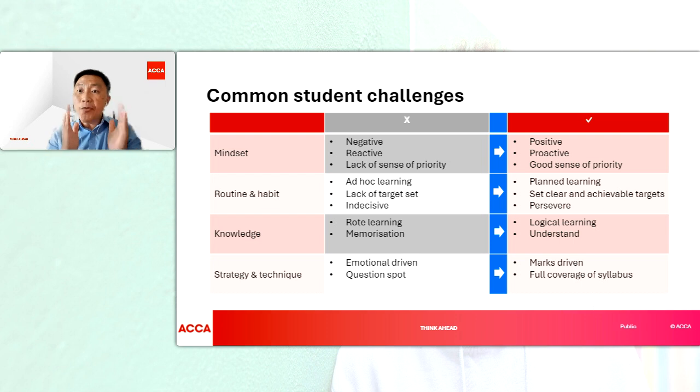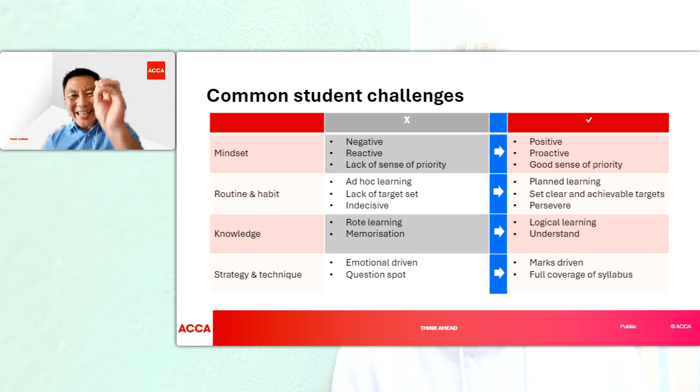These 4 categories that give rise to the challenges are mainly because students tend to have the bad practices that represented by the gray color column on the middle. Instead, what I would recommend all the students to take a look at is the right-hand side with positive mindset, proactive mindsets, with a good sense of priority, followed by the rest of it.